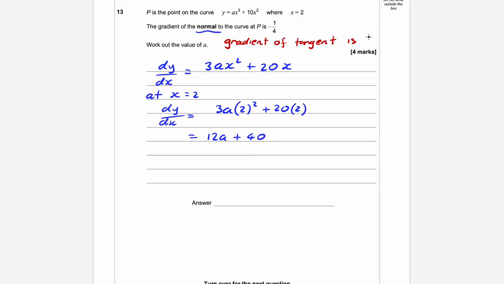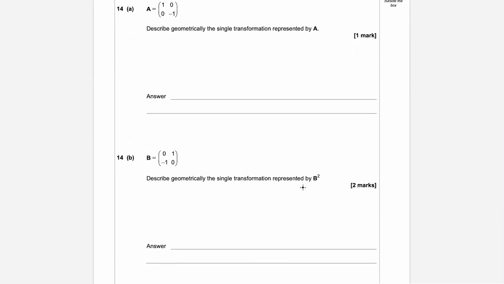So I make it positive and I make it 4 over 1, which is just 4. So that means this must equal 4. So I do 12a plus 40 equals 4. 12a equals 4 minus 40, which is minus 36. And then a is equal to 36 divided by 12, which is negative 3. Okay, done. 13.